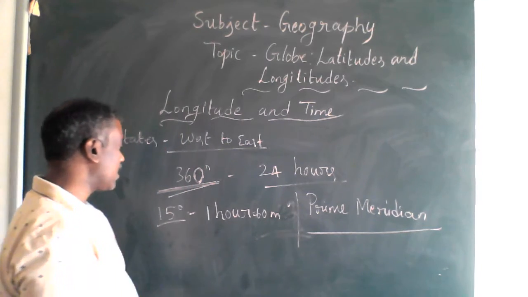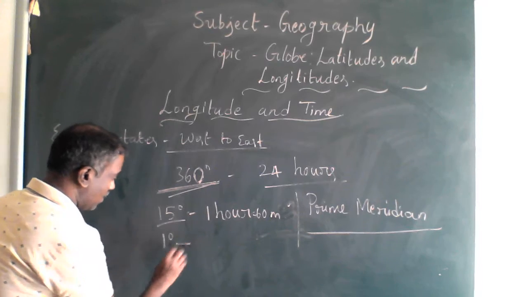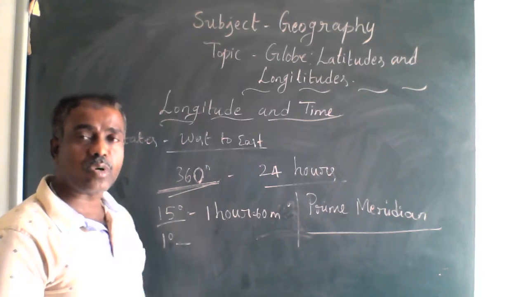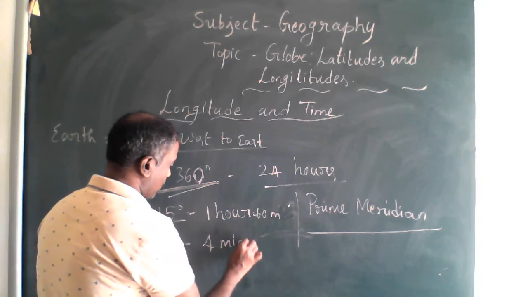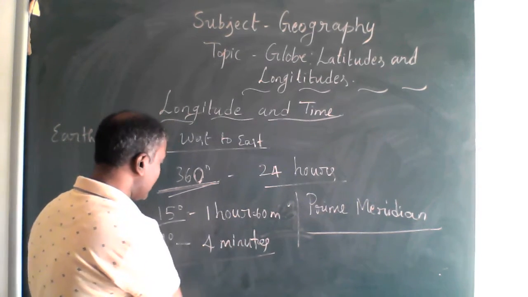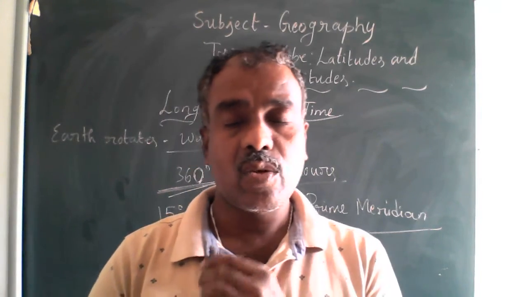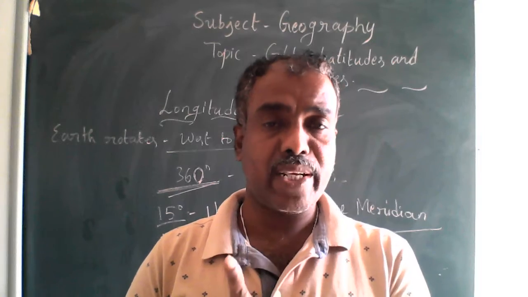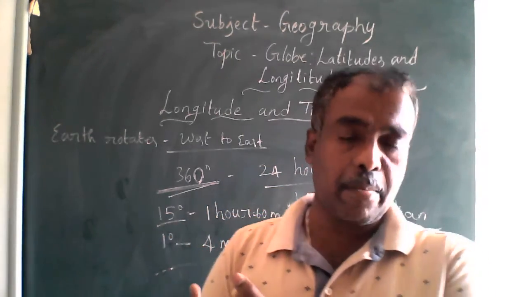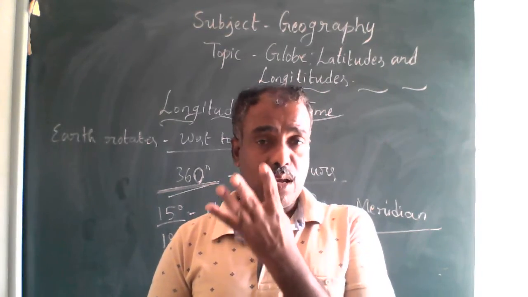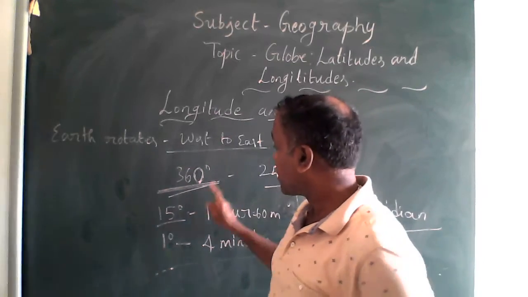Now again we will calculate: to pass 1 degree, our earth is going to take 4 minutes. So 4 minutes for 1 degree means 15 degrees is 1 hour.